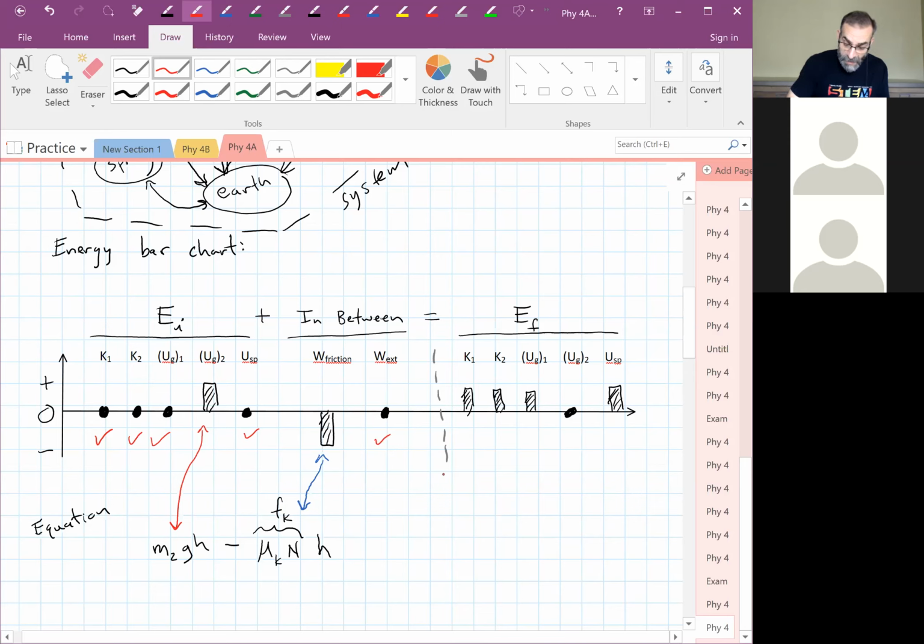Now I have my equal sign. And now I add up all the energy at the end. Oh, I've got a lot at the end, don't I? I've got a 1/2 M1 V1 final squared. That's this term right here. Now I have a 1/2 M2 V2 final squared. That's this one right here. I'm running out of colors.